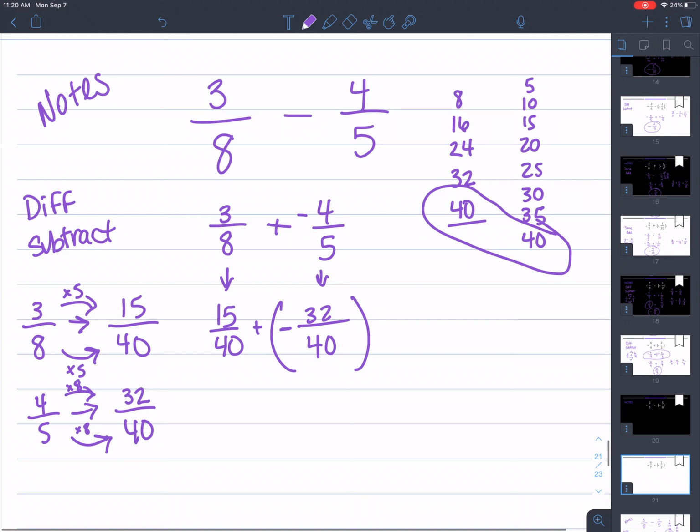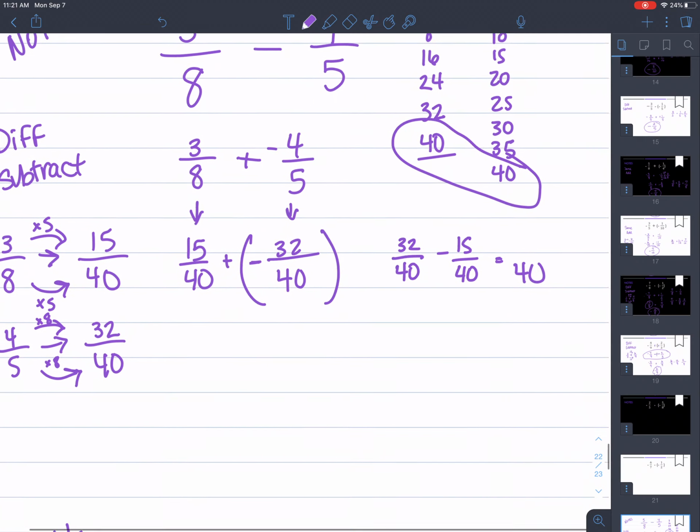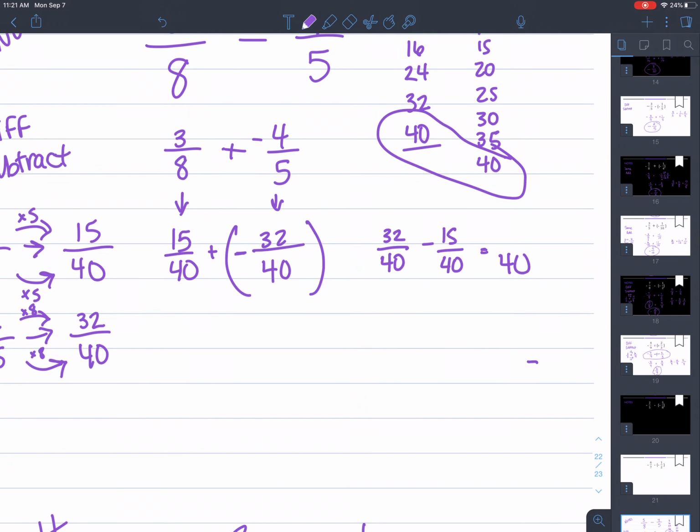We have a positive and a negative, so we're able to subtract them the way that we wanted to, and we're going to put the larger number first. 32 minus 15. We're going to keep our denominator the same. I'm running out of room here, so I'm going to come over here, 32 minus 15.